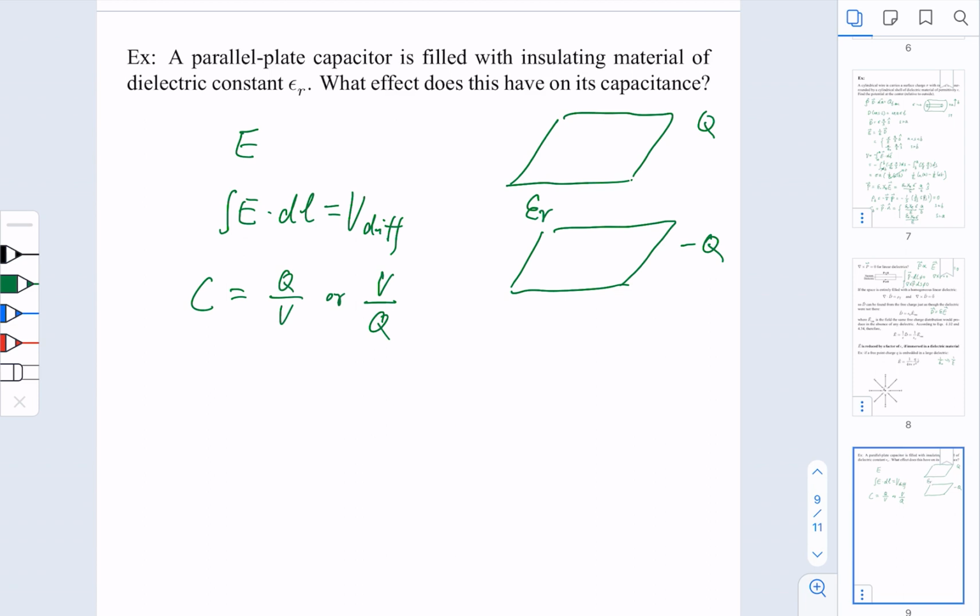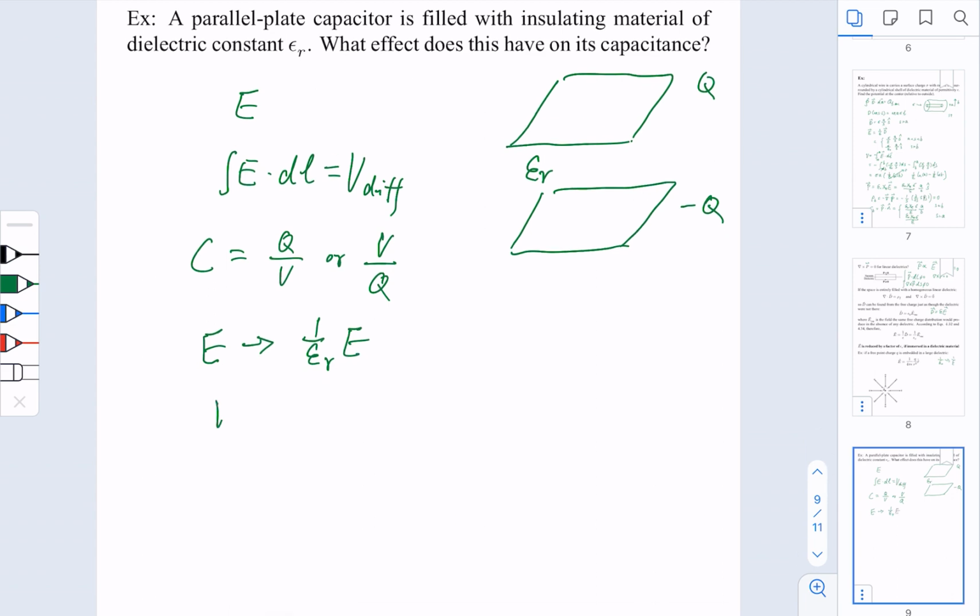So the E field will be reduced by a factor of 1 over epsilon r. And then the V difference is also reduced to 1 over epsilon r times the original. Say that this is the vacuum.